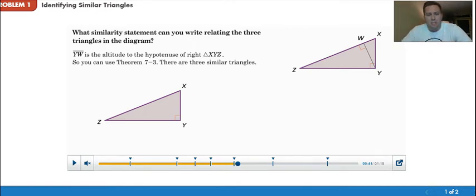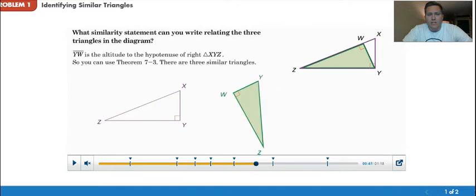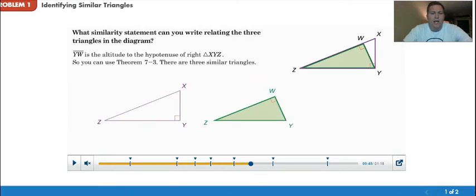So there is my big triangle right there with x, y, and z. The next one is I'm trying to find this larger one inside of it. You see how I have the right angle right there, but I want to make all these triangles face the same way so it's easier for me.